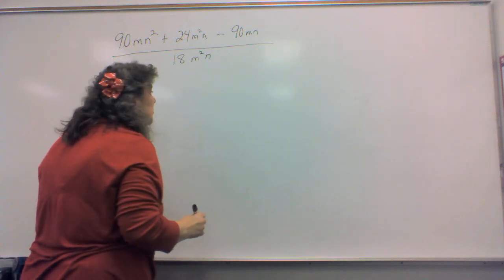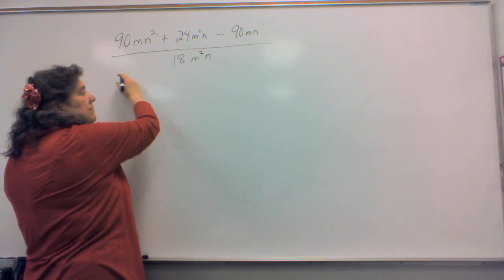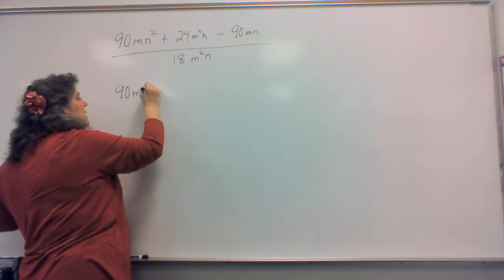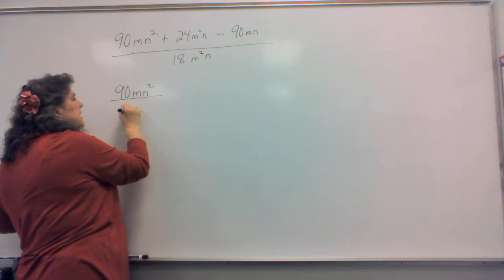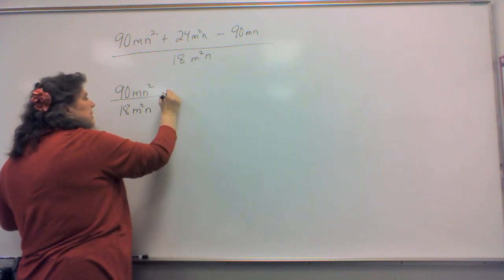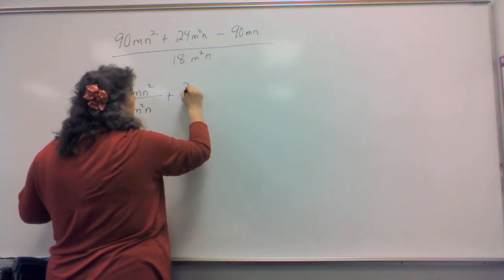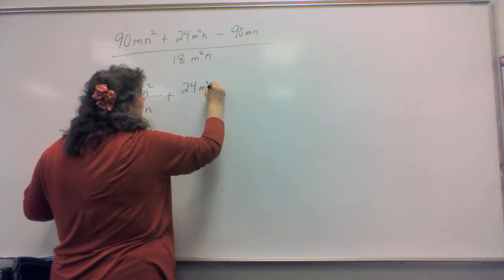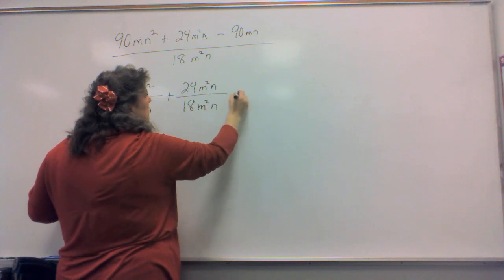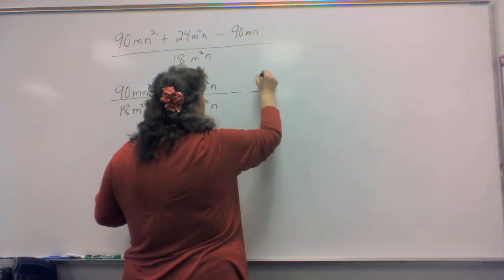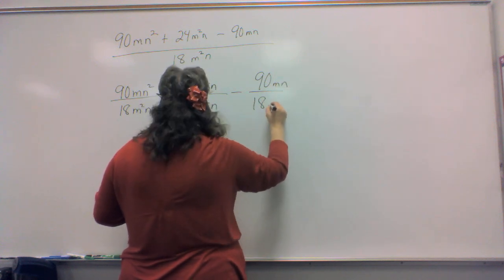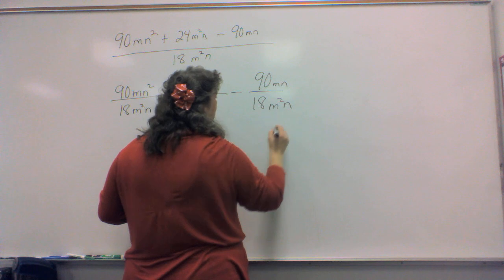As you can see, this is more complex. So now we're going to divide it into three separate fractions. So you're going to have 90 mn squared divided by 18 m squared n. We've got a negative, good, plus 24 m squared n divided by 18 m squared n minus 90 m n divided by 18 m squared n.